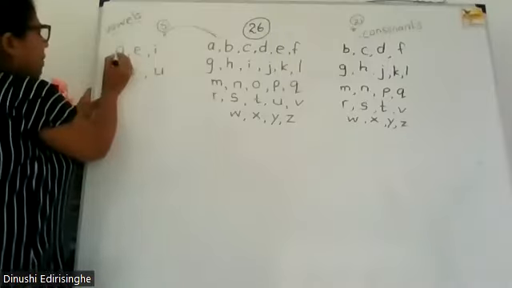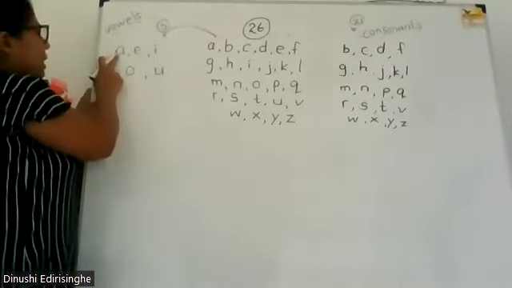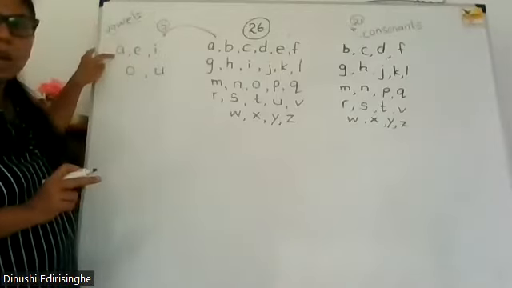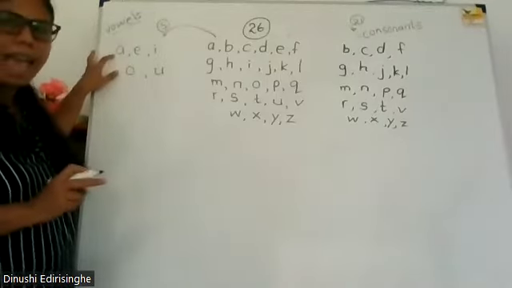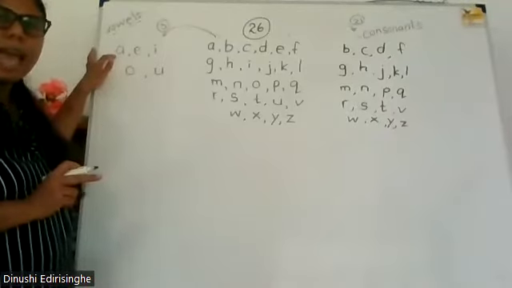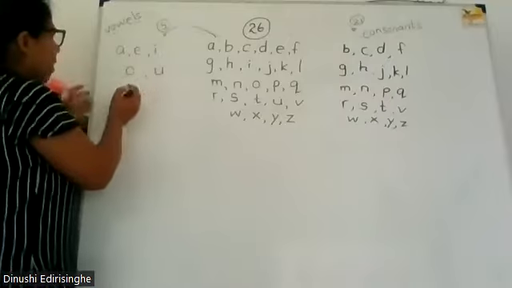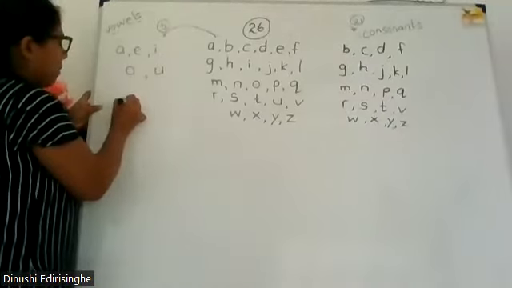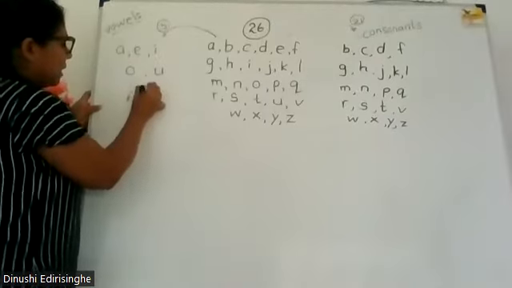If the word starts with a sound, not the letter, what is the letter a? A. What is the sound of letter a? A. If the word begins with a sound, it follows always an. Right? Look, what is this word?